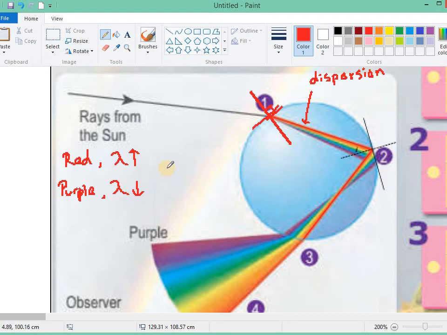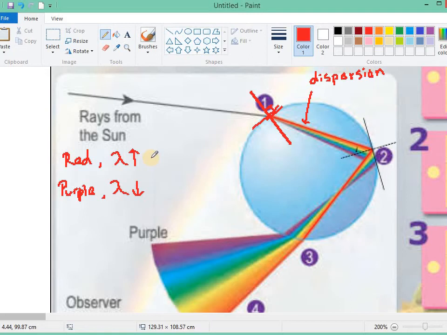And we learned in the first topic about light, we learned that the red color light, when go into the medium, the refractive index, okay, if you calculate the refractive index of the medium using red light, okay, you will find that the speed of light only decrease a little bit.